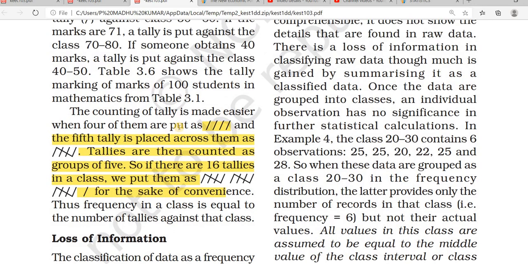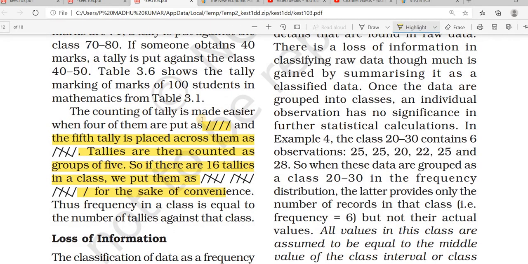Then here you can see how we put the tally marks. For the first 4 we put lines like this, 4 tally marks, and the 5th tally mark we place across them. You can see the crossing line. This is the 5th tally mark.